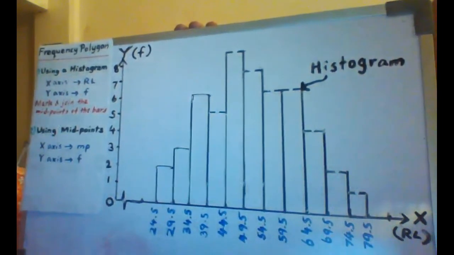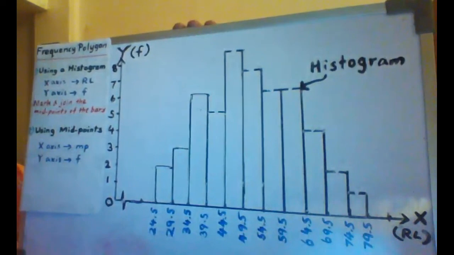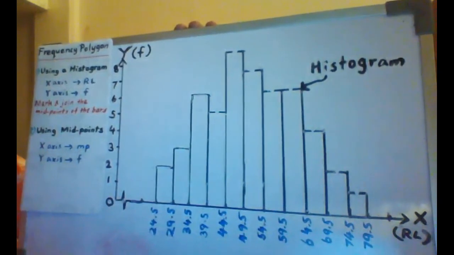The second method is we can draw the frequency polygon by taking midpoints on the x-axis and drawing the polygon. Now we learn how to do the first method, how to draw a polygon using a histogram.